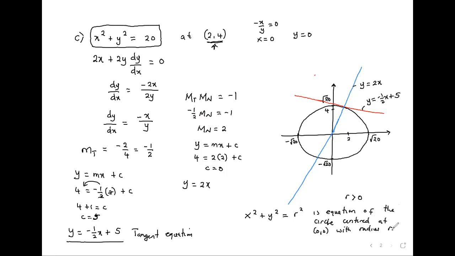So our question has x squared plus y squared is equal to 20. So the only thing we did is we looked for r, the square root. So we have r is equal to the square root of 20. And then we drew that circle there. That's all.